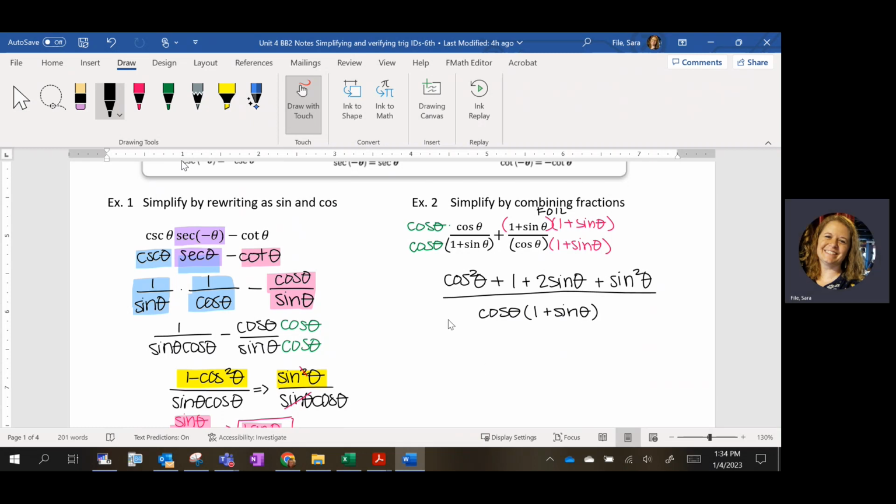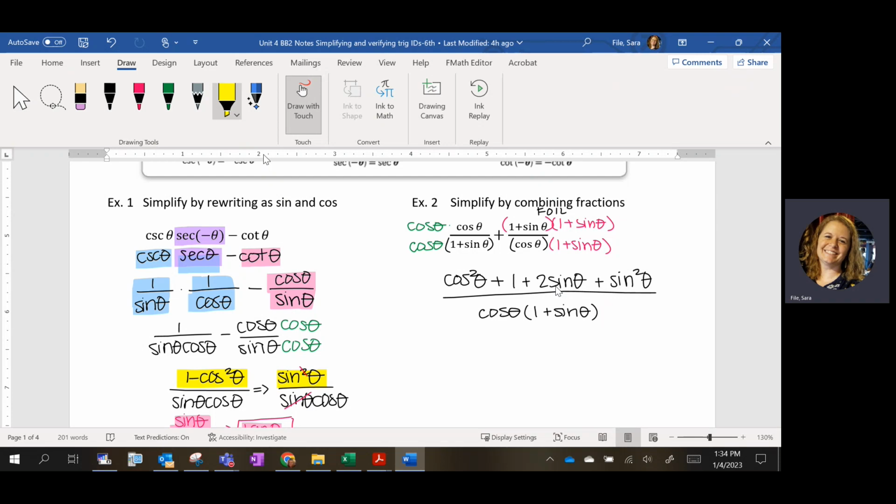Okay, can I do some simplifying in my numerator? Do you see anything that stands out to you in the numerator? Say it again. There's sine squared here, and there's a sine term here. Don't be afraid to guess.